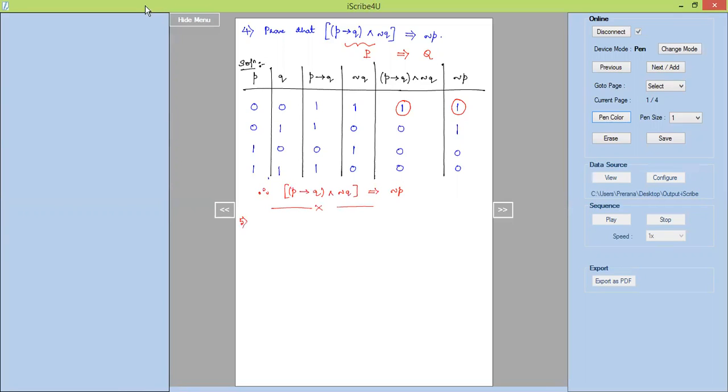We'll see one last problem on logical implication. Fifth question. P or Q or R, and negation Q, implies P or R. So we have to prove this.